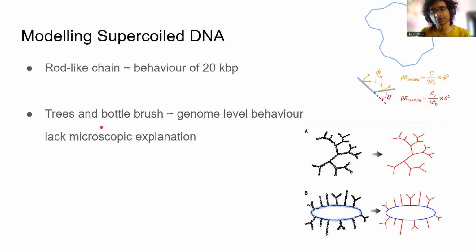Another way that people have tried to model the long-range behavior of supercoiled DNA is to take an effective polymer approach. Because supercoiled DNA can take these sort of branched polymer structures, they are modeled as branched polymers. But another problem with this is that they lack microscopic explanation.